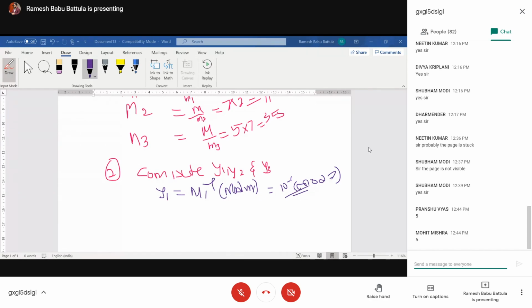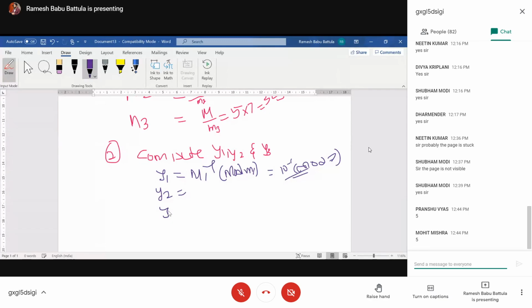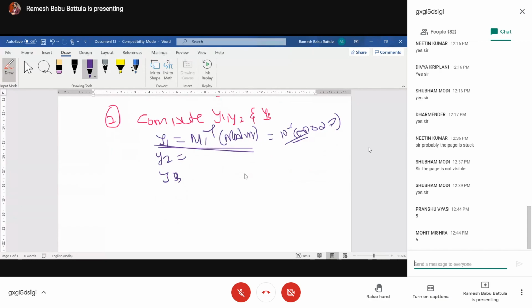Find the second value, y1, y2, in the same way. Same way, you are going to find your y2 value. Then you have the y3 value. These three you need to find like this. That means this is the formula we need to use to find the multiplicative inverse value.